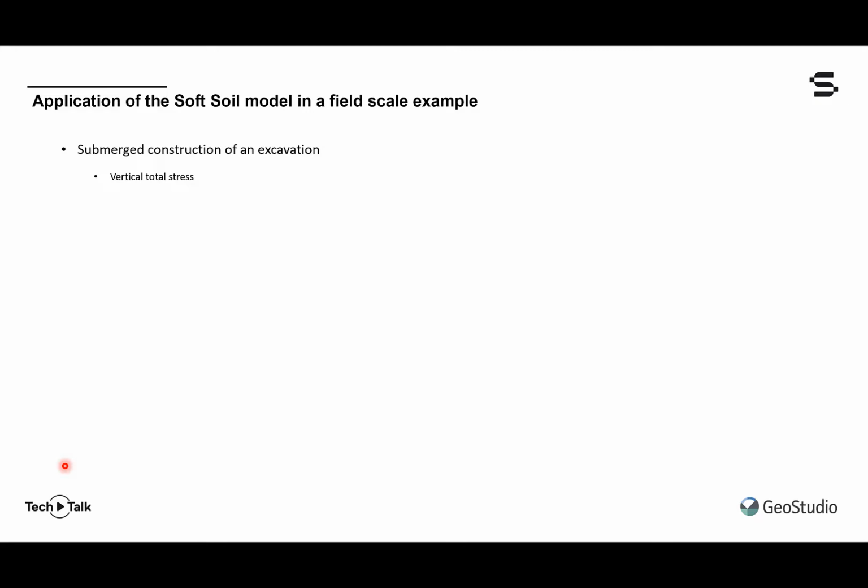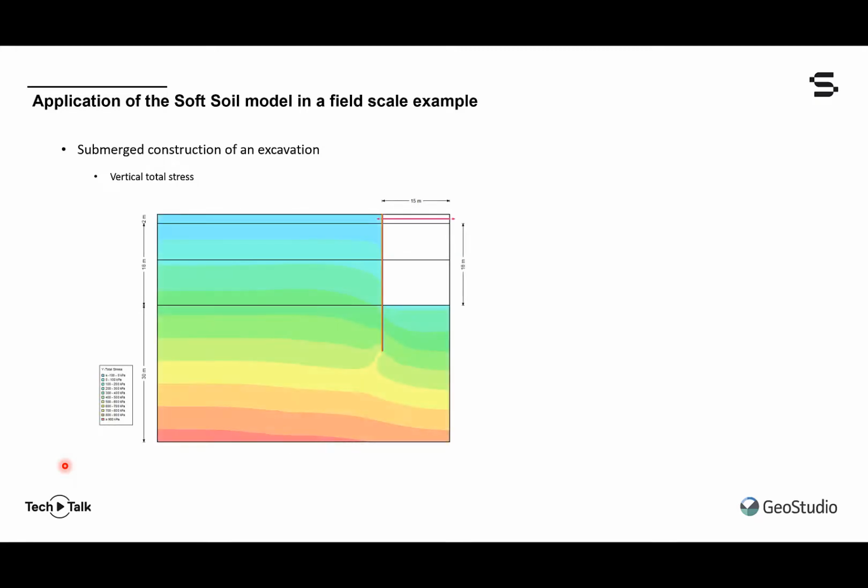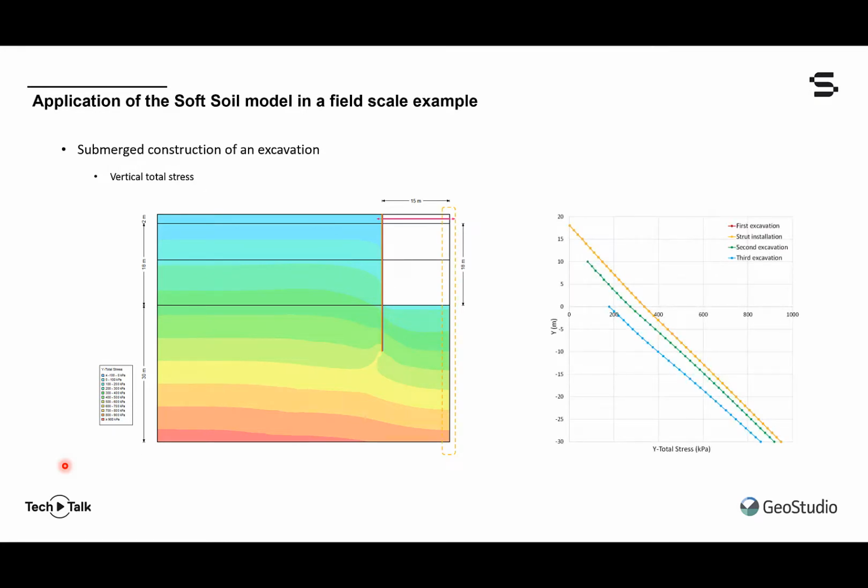In the next few slides, I just want to very quickly examine some of the things you can explore in these types of simulations. The first is the stress distribution of vertical total stress as a result of submerged excavation. And so this is a plot along the center line right here, showing those total stress profiles at all phases. There's some overlap in this figure.